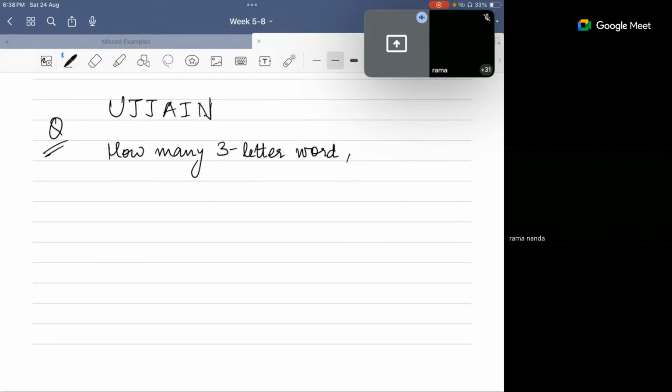How many three-letter words can be formed using the word Ujjain? The condition is without repetition, and the alphabet I is one of the alphabets in each of the words that is formed. So this is simple, I guess. Without repetition, and an I should be there in each of the words.